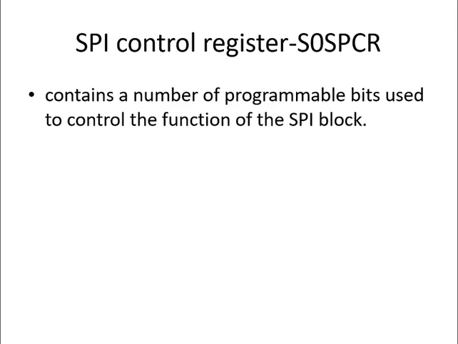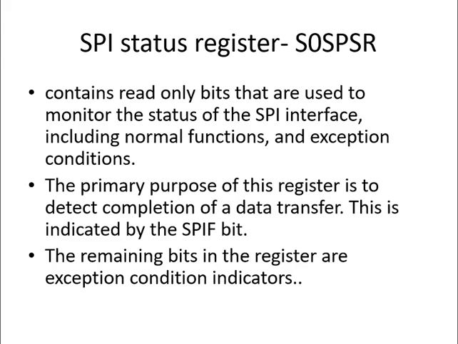SPI control register, S0SPCR. It contains a number of programmable bits used to control the function of the SPI block. Next is the SPI status register. It contains read-only bits that are used to monitor the status of the SPI interface, including normal functions and exception conditions.